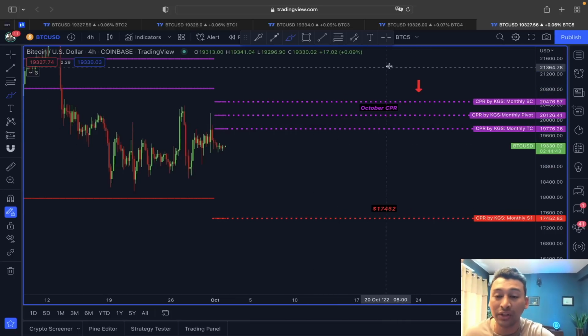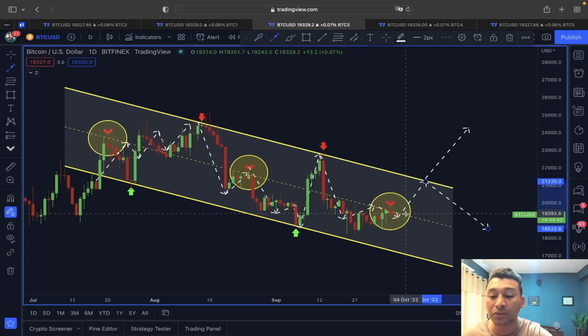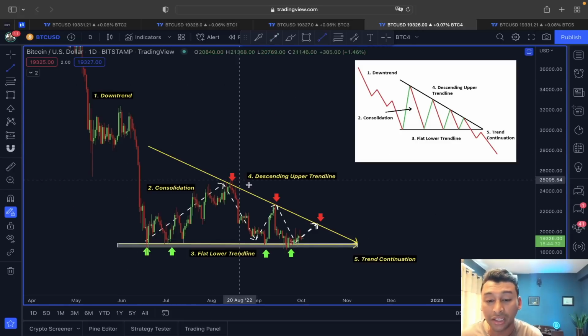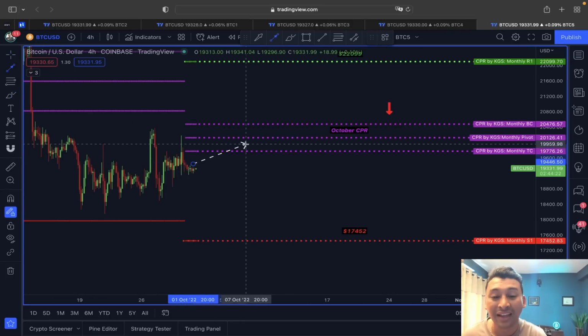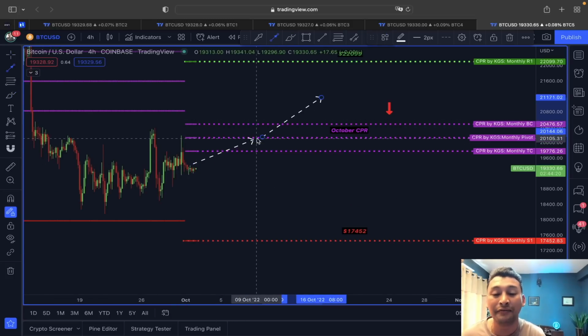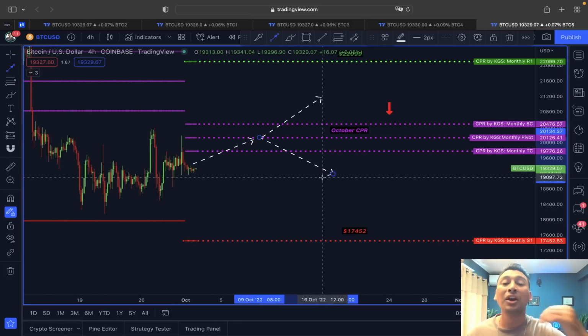So now we know with the previous example, this 19,000 must be flipped into proper support, because if we do that, then we are expecting this trend to show a reversal towards the upper line area, which is around 21,000. Also the upper line area from the descending triangle, also around 21,000. And now you can see these lines are also going to be acting as a very strong line of resistance around that area.